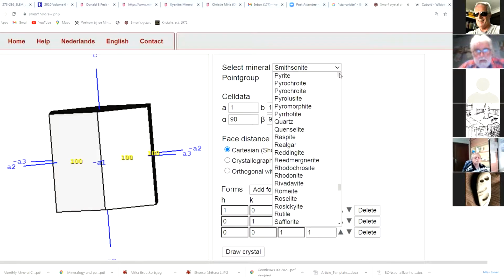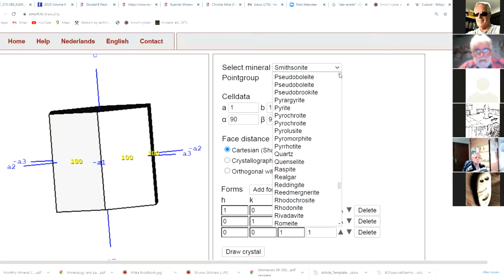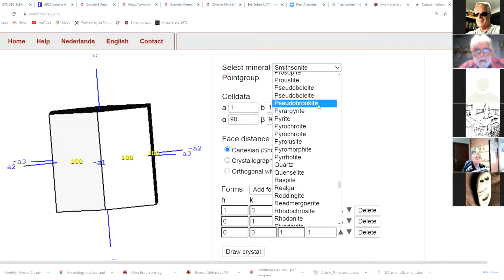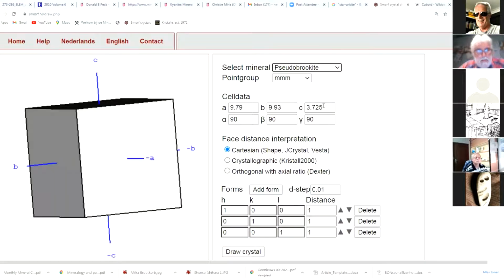But what I wanted to say, for example, pseudobruchite. So if you click on pseudobruchite, you will see that the cell data automatically get changed.